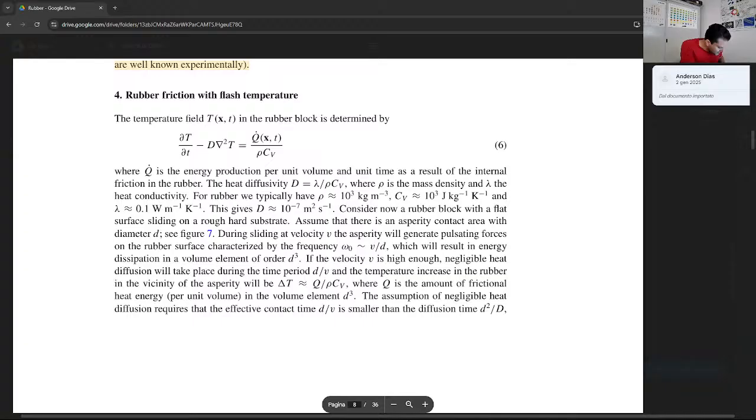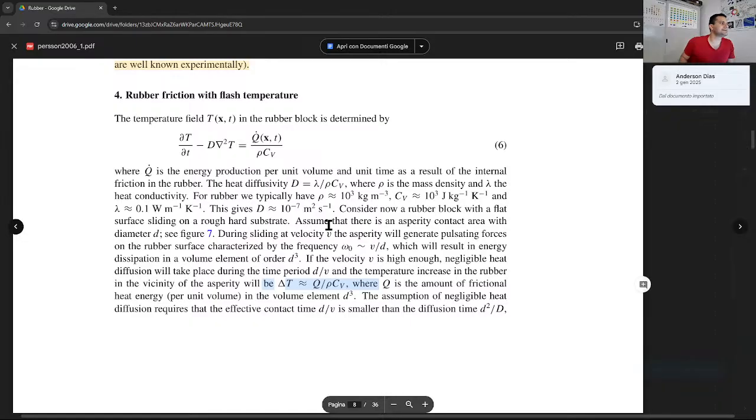And the temperature increase in the rubber will take place during this time. The temperature increase in the rubber in the vicinity of the asperity will be delta T, approximately equal to Q divided by rho Cv, which is this parameter here. What is this?